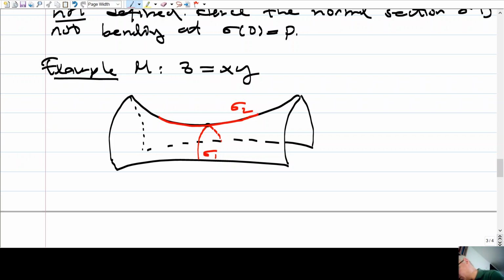This is sigma 2. And then sigma 3. And then there is this section sigma 4.